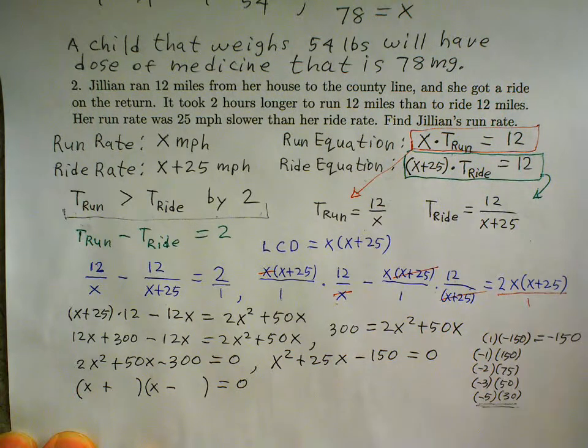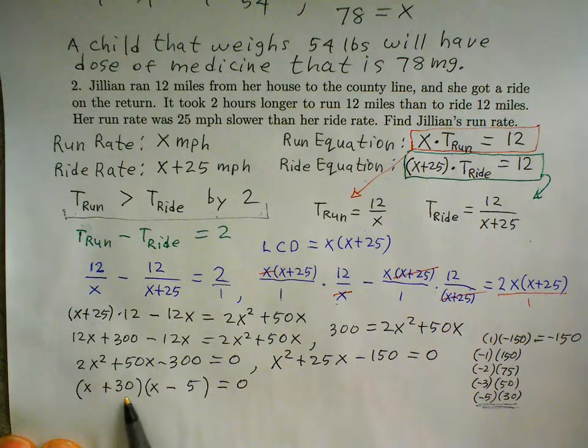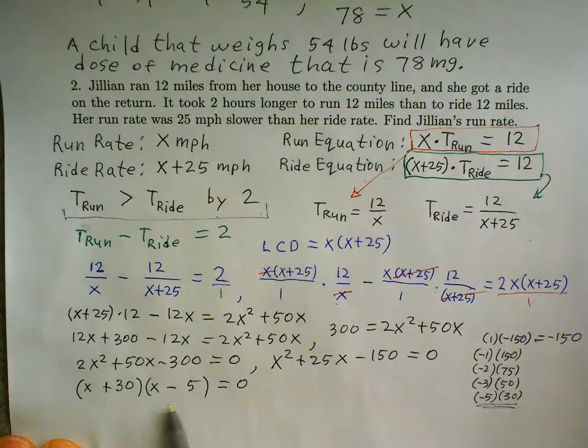So negative 5 and 30 are the two integers. So what does that mean? That means our factors are x plus 30 and x minus 5. And you can verify by multiplying that those are the correct factors.